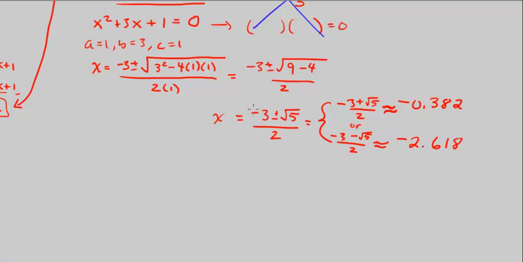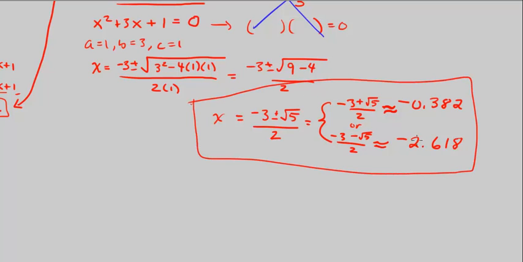So x is going to equal this right here, or approximately negative 0.382, or negative 2.618. Alright, so this ends Precalculus Chapter 1, number 73.